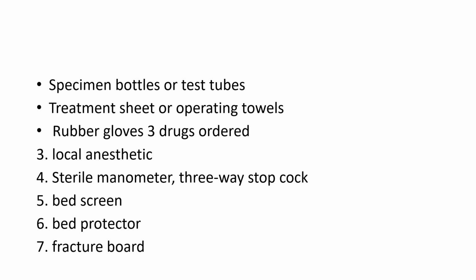Also specimen bottles to collect the cerebrospinal fluid specimens, or test tubes, a treatment sheet or operating towels, rubber gloves, local anesthesia, a sterile manometer, three-way stopcock, bed screen, bed protector, and fracture board.